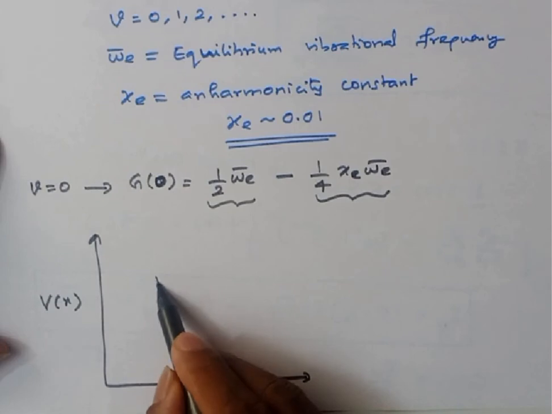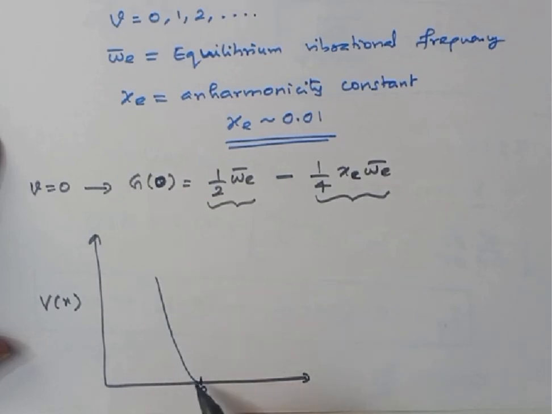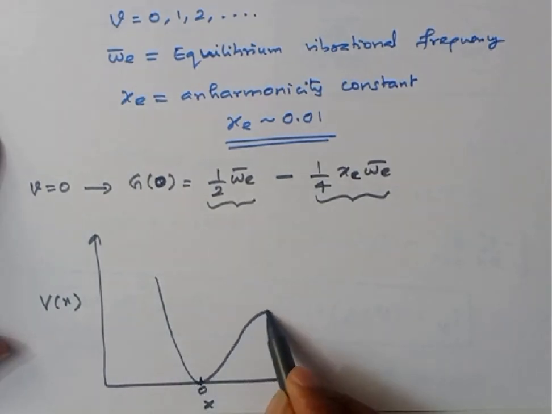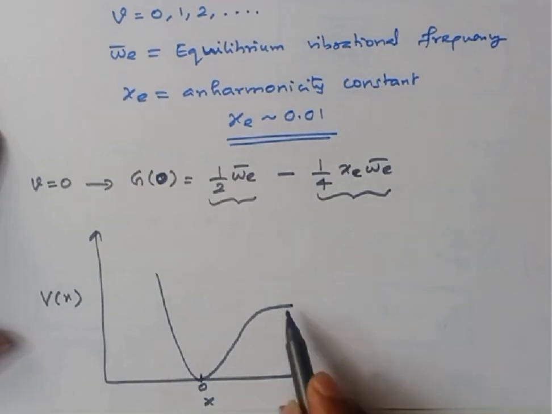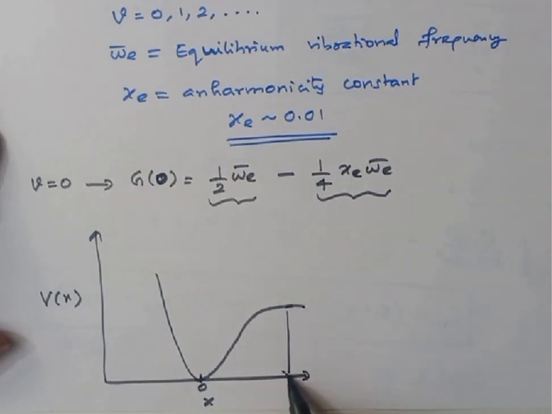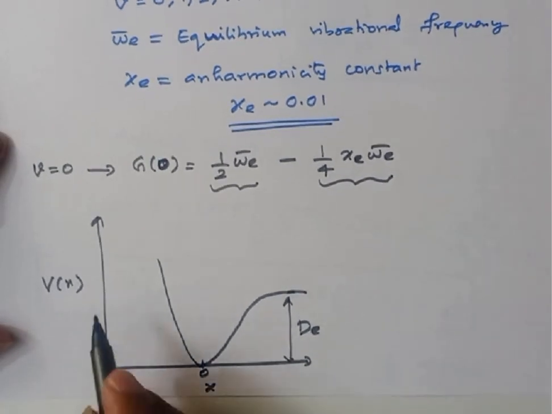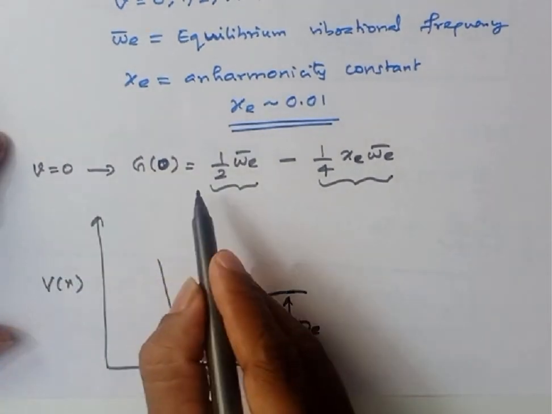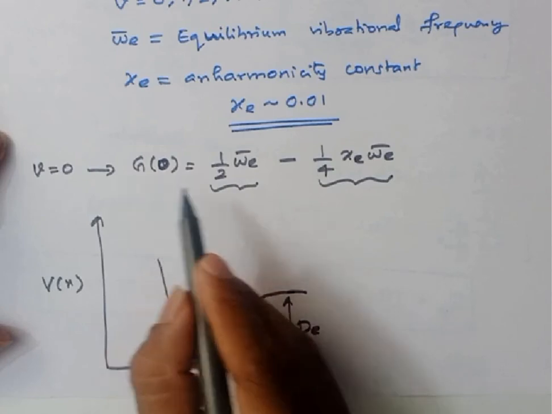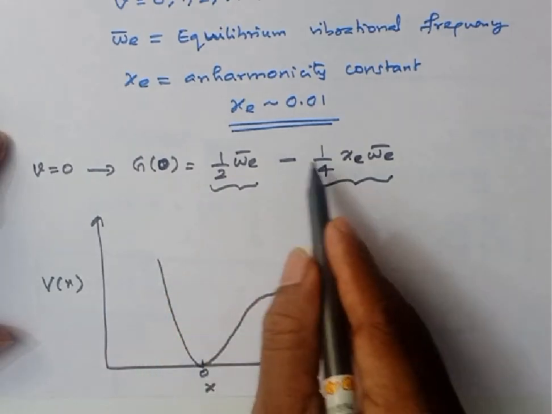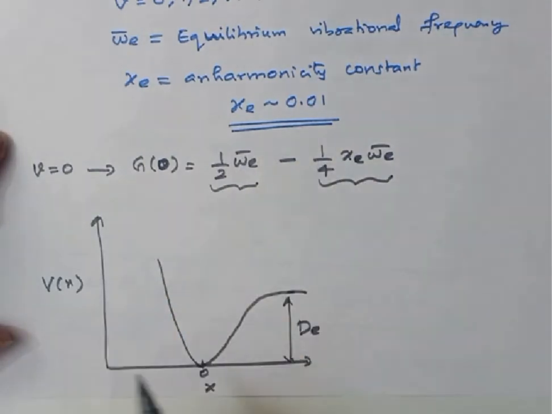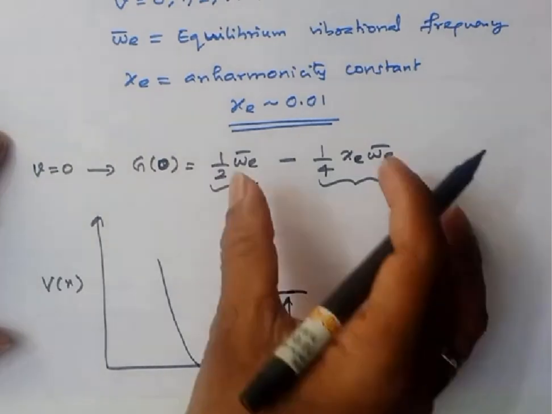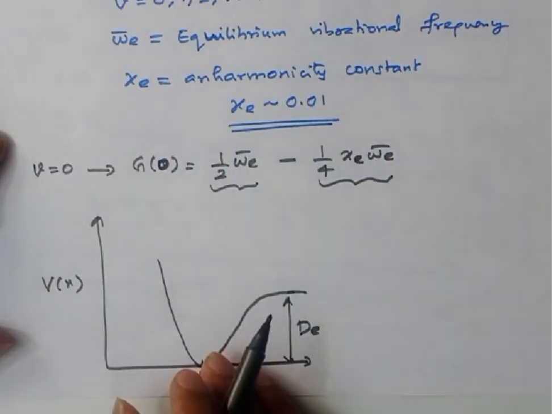The potential energy function for a real molecule will look something like this, and this is the equilibrium dissociation energy of the molecule. Now listen, if I put V equal to 0, we'll get the lowest potential energy as this.